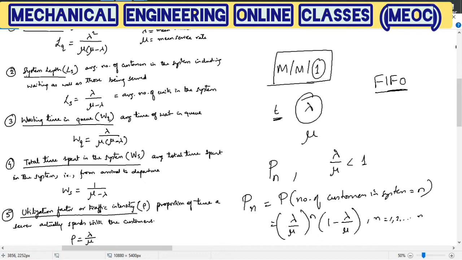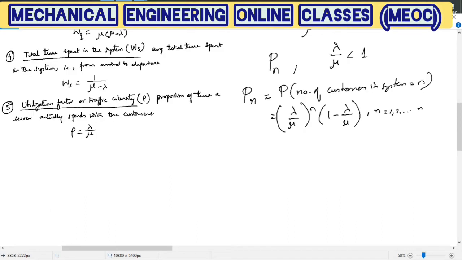If we assume that there is no single customer in the system, then it is P0, the probability of 0 units in the system. This n becomes 0 and then P0 is simply 1 minus lambda by mu.